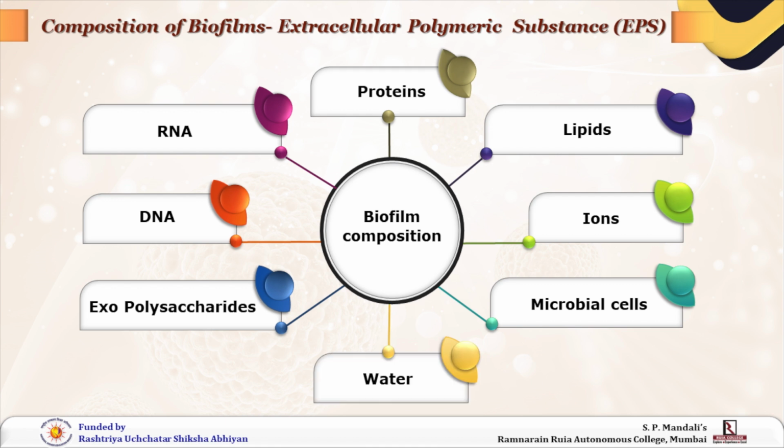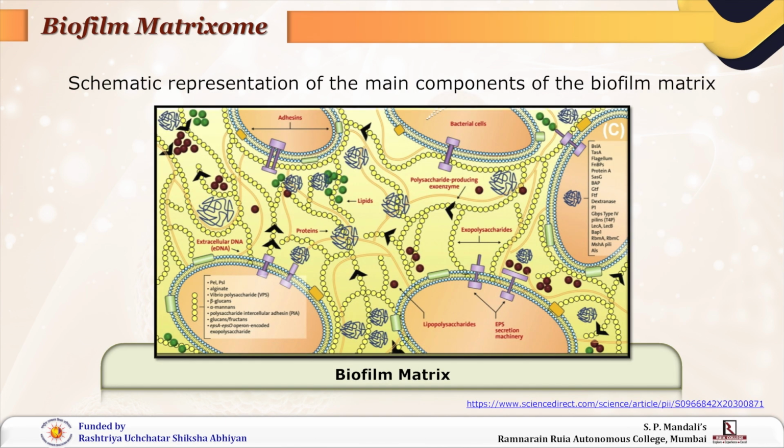One should remember, however, that the composition and the structure of the extrapolymeric substance can vary greatly depending on the type of microorganisms, the shear stress, the availability of the nutrients and the host environment. The extrapolymeric substance of different biofilms shows a considerable molecular, structural and functional diversity.